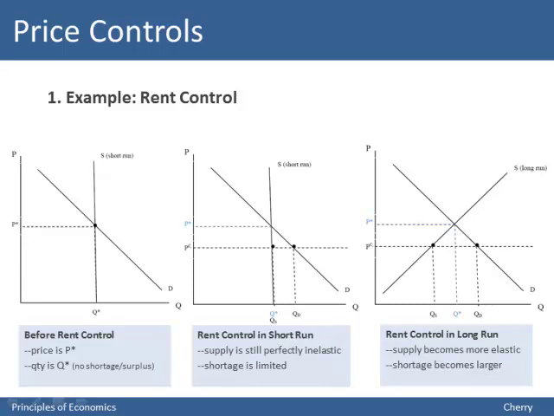And as that happens, you can see that the shortage becomes more and more severe. The difference between quantity demanded and quantity supplied gets larger. So this is an example of how elasticities help dictate how severe the consequences are from price controls.